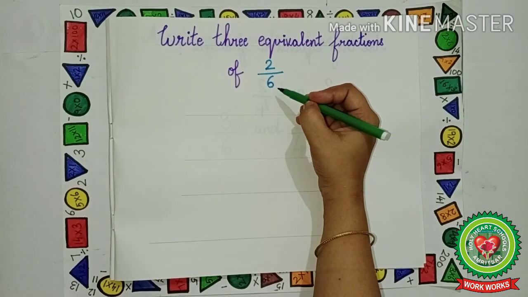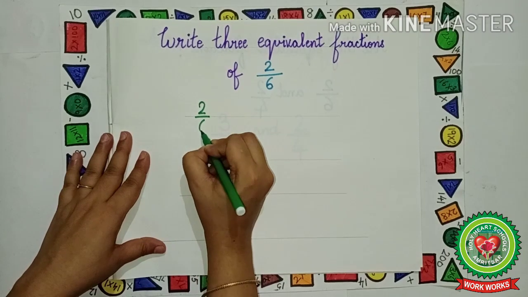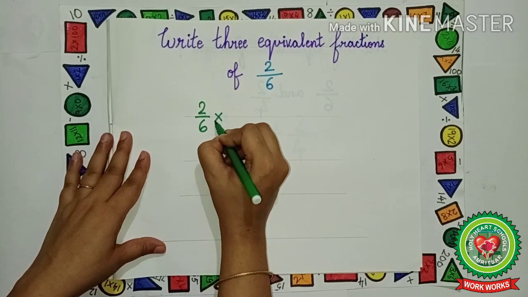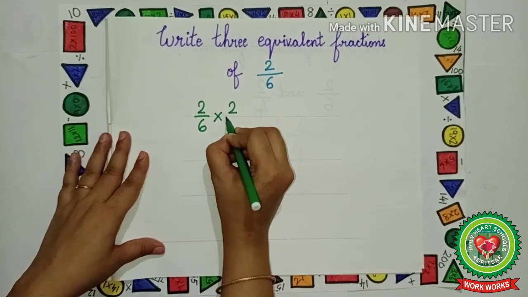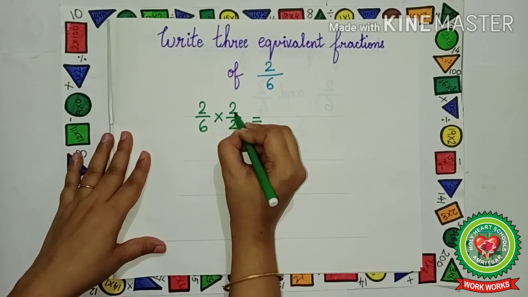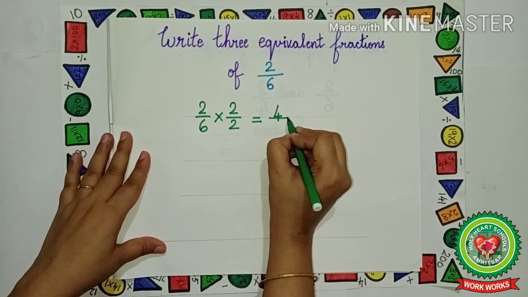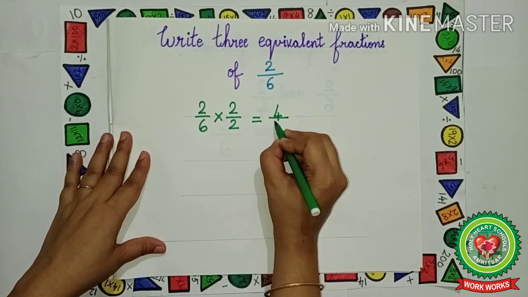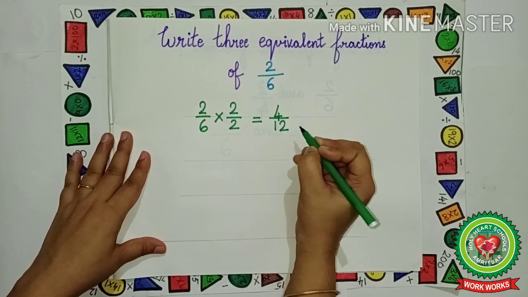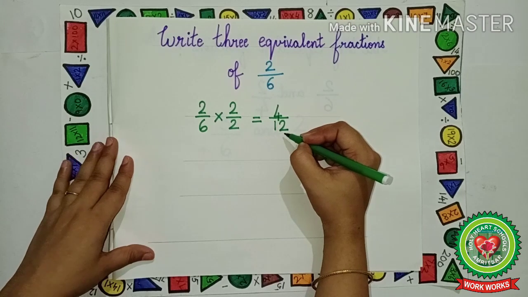So, let us start. 2 upon 6 multiplied by 2 upon 2 is equal to 2 2s are 4, 6 2s are 12. So we have got one fraction, that is 4 upon 12.